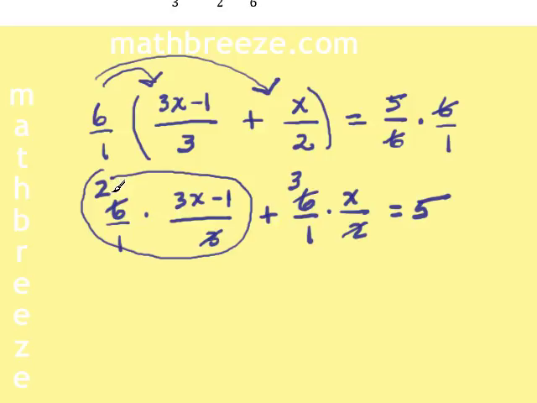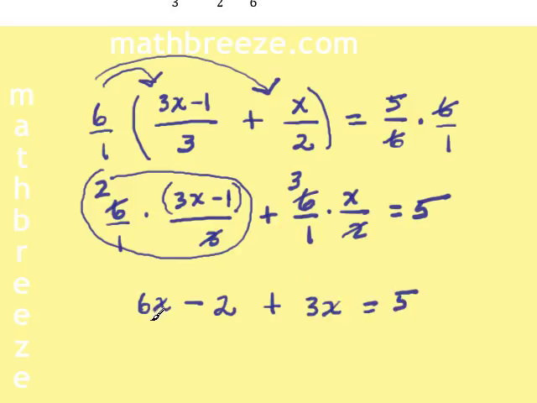When we rewrite this term, we have to multiply 2 across this entire numerator. So I'm going to put parentheses around it and do the distributive law again. 2 times 3x is 6x, minus 2 times 1, minus 2, plus 3x is equal to 5.